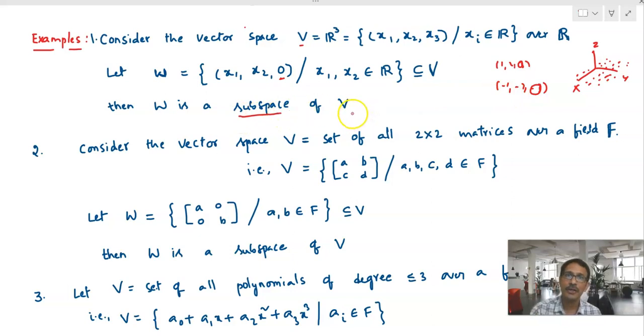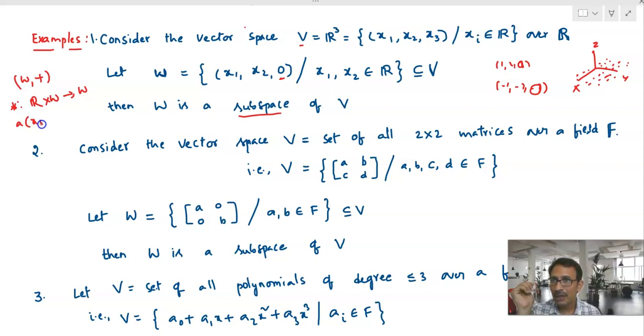Please pause the video and you can check. W is a subspace means W itself is a vector space. That means W comma plus is an abelian group, you can check. And star is defined from F, which is the real numbers, cross W to W. That means you take any real number A and any vector in W, x1, x2, 0. Then what is the star between them? This is nothing but A x1, A x2.